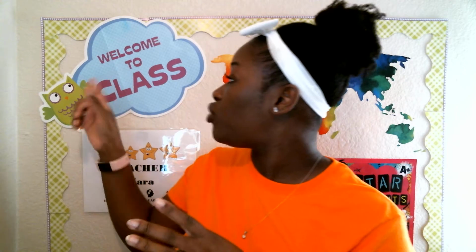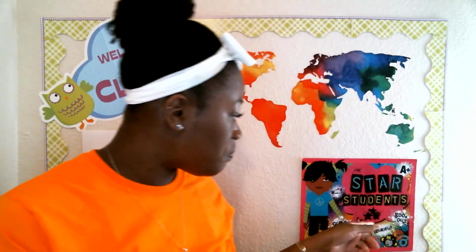And then I got this from the Dollar Tree. This whole thing with this whole border came as one big piece from the Dollar Tree. Then I have these little owls that came with this. I'm going to just place them all around. And then I bought this, again, from the Dollar Tree. It came with like 6 different ones of these. A star student, rockin' athlete, all that stuff. And I think this is just really cute. And they're all ethnically diverse. So there's a black one, a little white one, and then there are Hispanic kids.